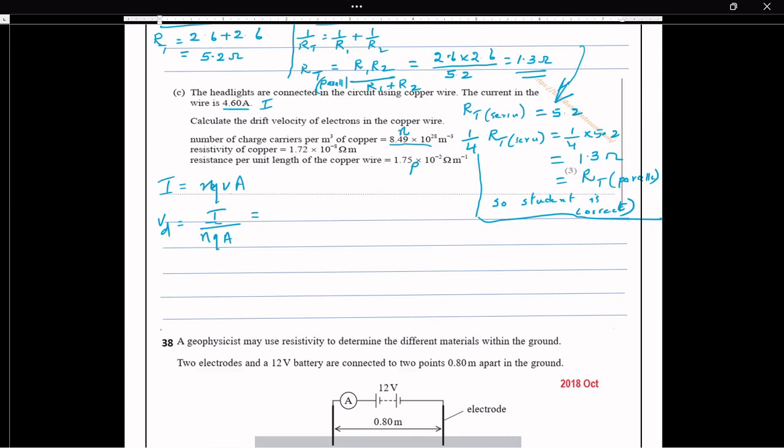So using the resistance per unit length of the copper wire, in ohm per meter, this is nothing but the resistance given.